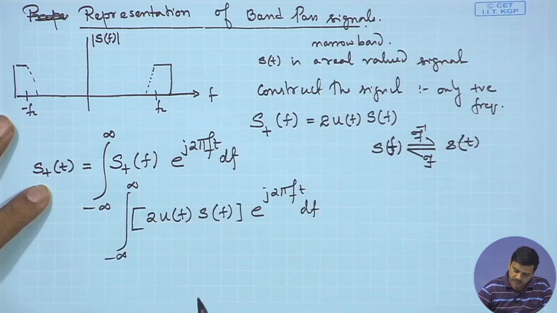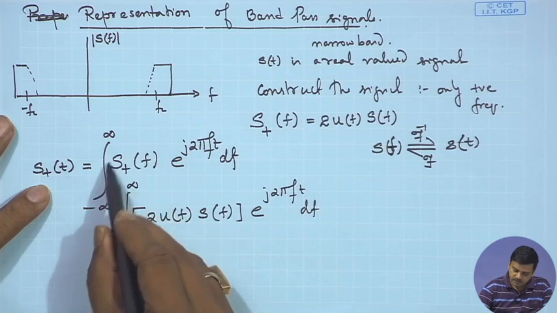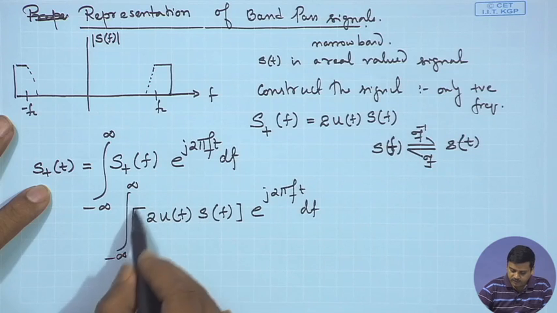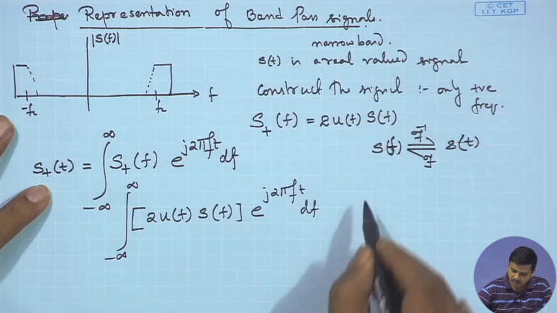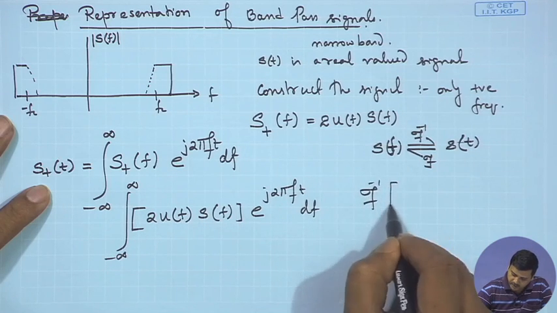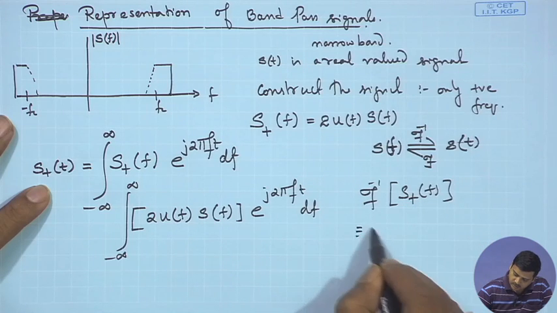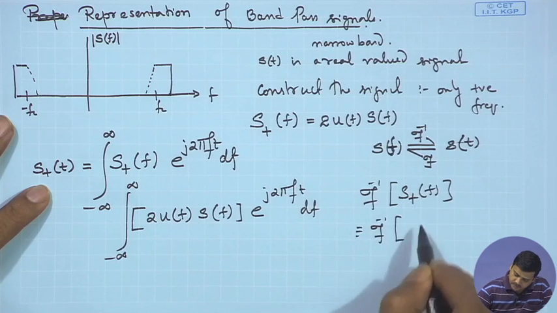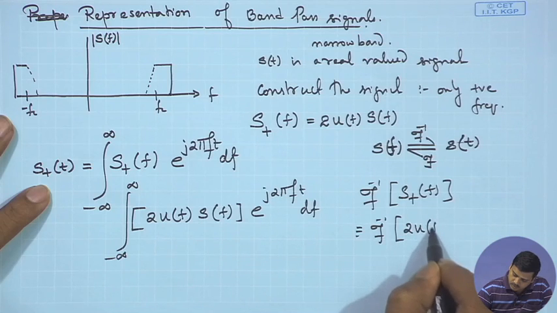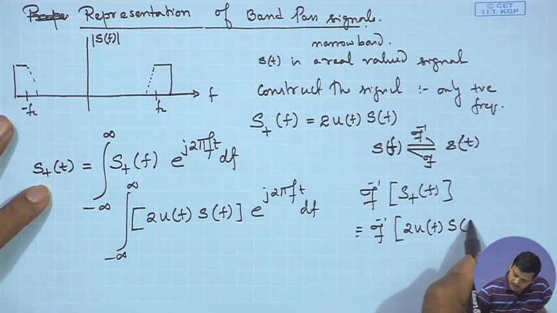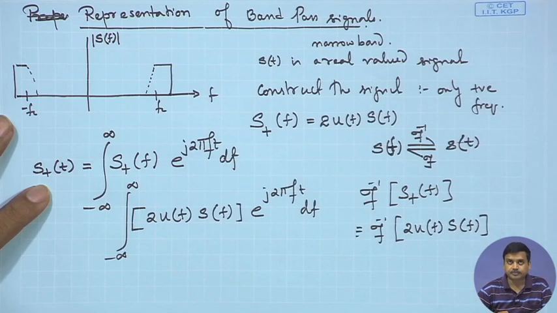We could also say that since we are doing the inverse Fourier of this function, we are doing the inverse Fourier of S plus of f, or we could write the inverse Fourier of 2 u of f times S of f.